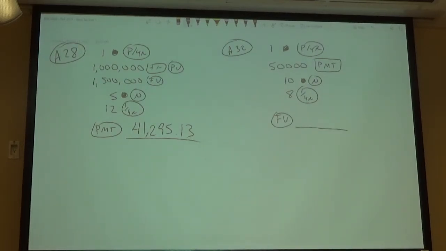Now, depending on one's interpretation, we could say, are we receiving these payments at the beginning of the year, or at the end of the year? Otherwise, it's a simple problem, okay? So let's go ahead and solve it as is.